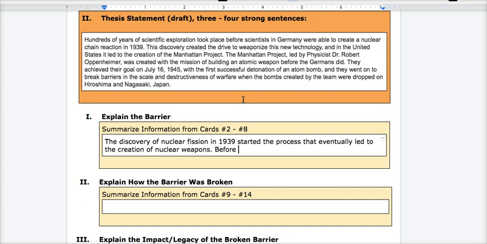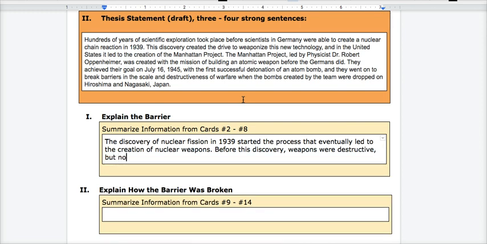Before this discovery, weapons were destructive, but nowhere near as destructive as atomic weapons would be.